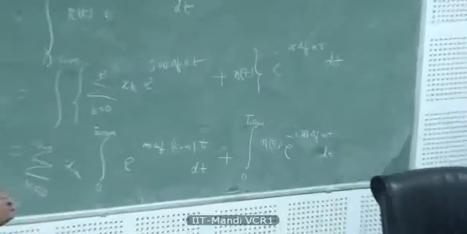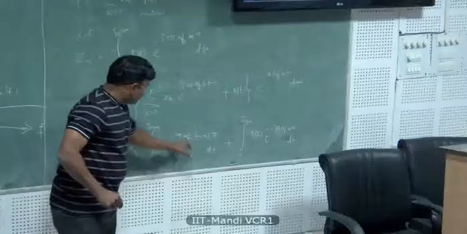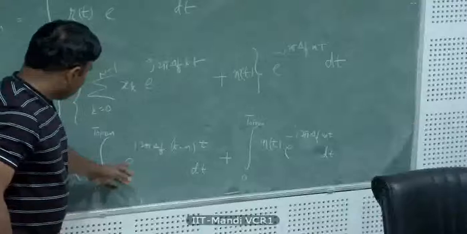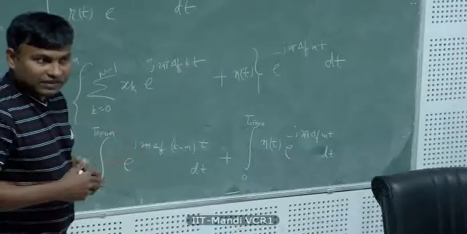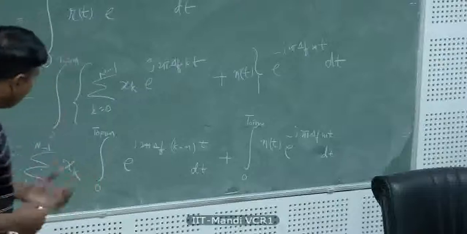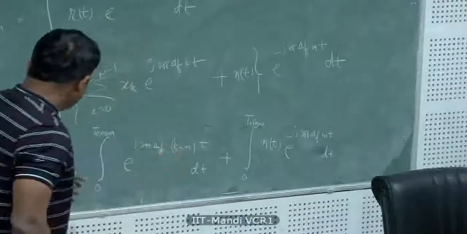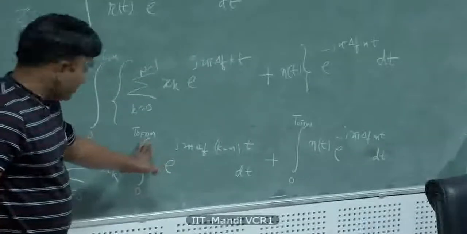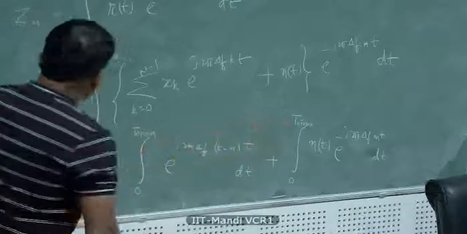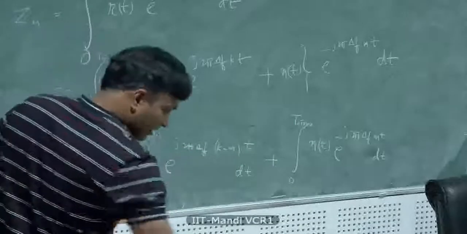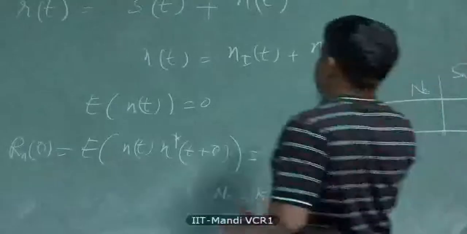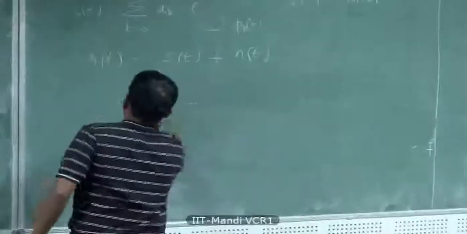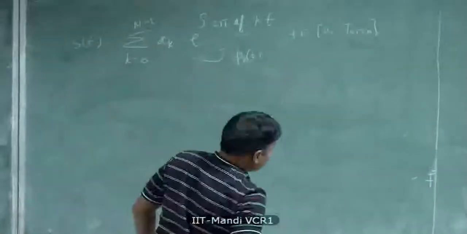Please tell me what is the minimum spacing delta f that is required to force the crosstalk between different carriers to 0. Well, when k equal to m, obviously I get xm into T OFDM, right? The integral goes away. So let me rewrite it.